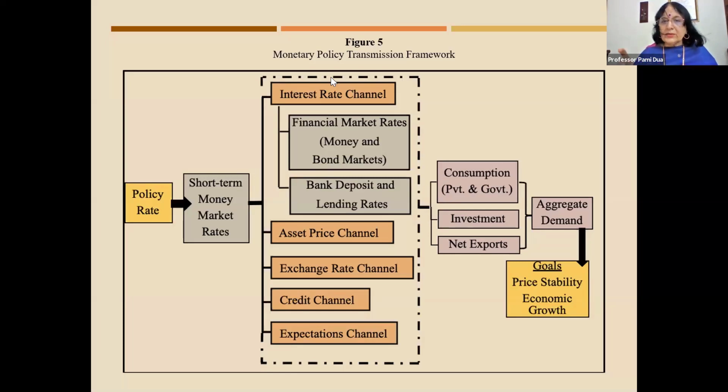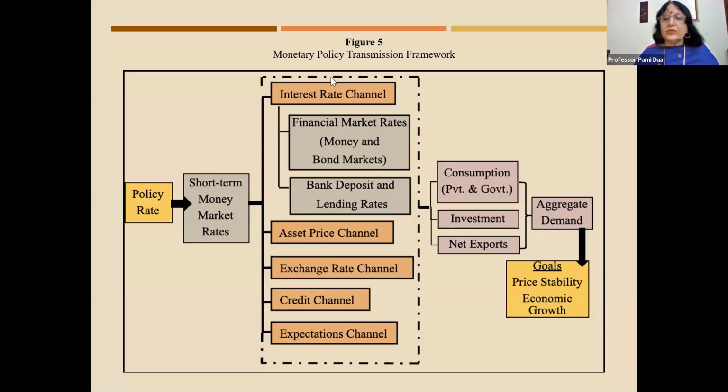So one is the interest rate channel, which I have already explained to you. Then there is an asset price channel. So asset price channel means, like, suppose the interest rate is changed. Suppose we say we lower interest rates. Then it is possible that households may move towards non-interest bearing assets.